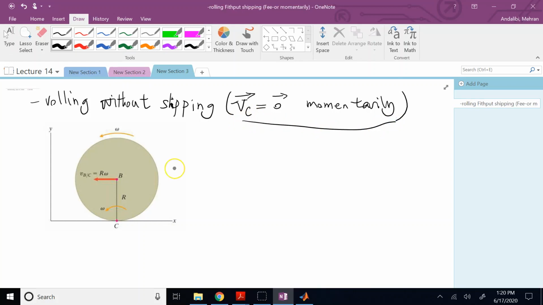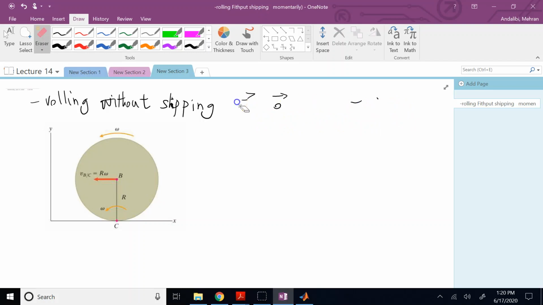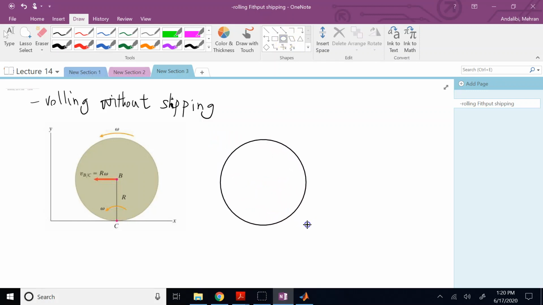Another way to look at rolling without slipping is, let me get rid of this because we have to show it. Rolling without slipping means if this disk keeps traveling, so let's say next time it is here, let's see if I can make it as big as this one. Yeah, it's not bad. So let's say next time it is here.